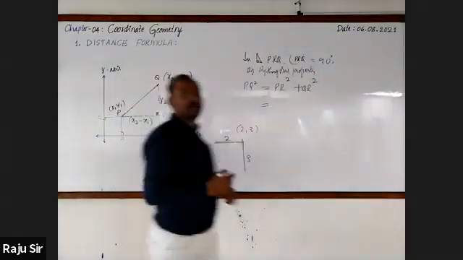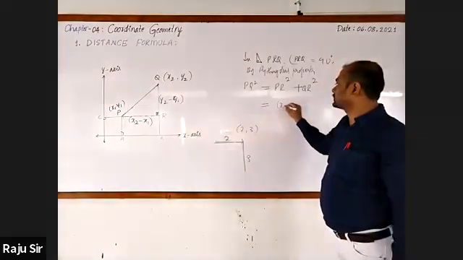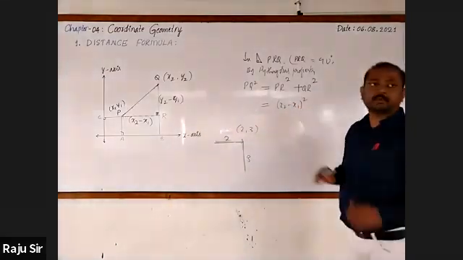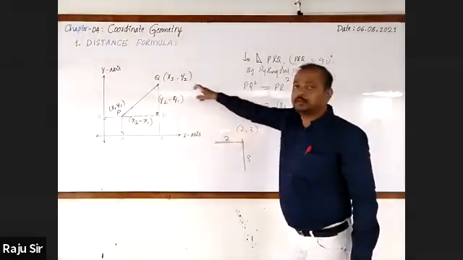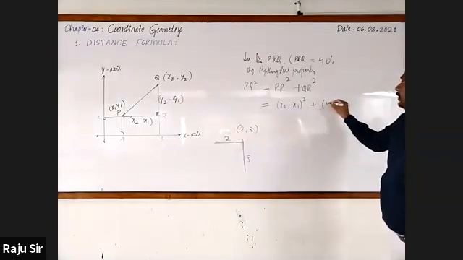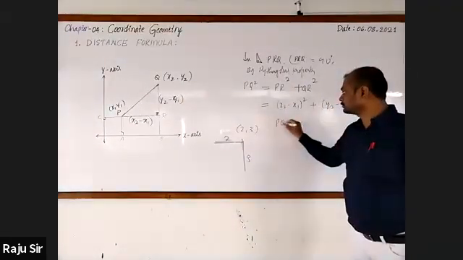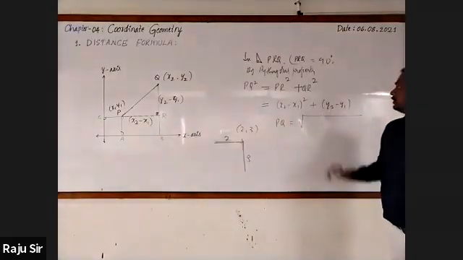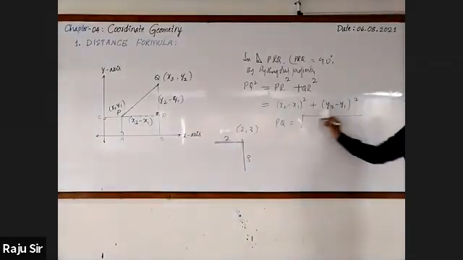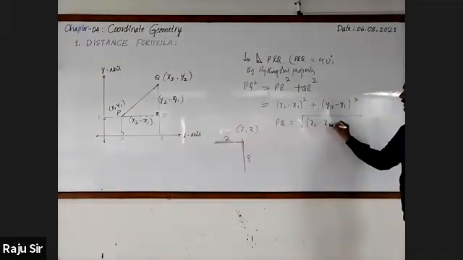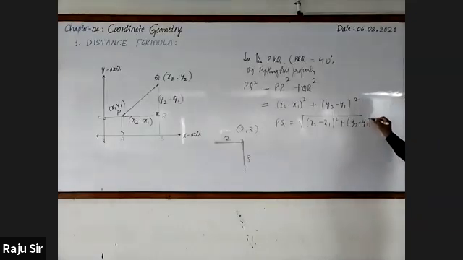Now in place of PR, I'll write x2 minus x1 whole square, and in place of QR, y2 minus y1 whole square. I want only PQ, so PQ is equal to the square root of x2 minus x1 whole square plus y2 minus y1 whole square.